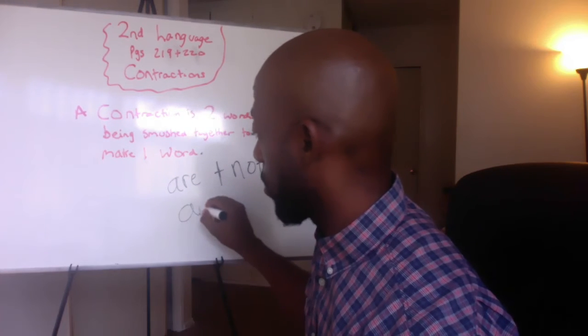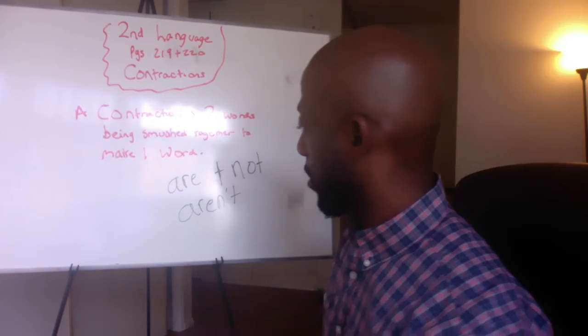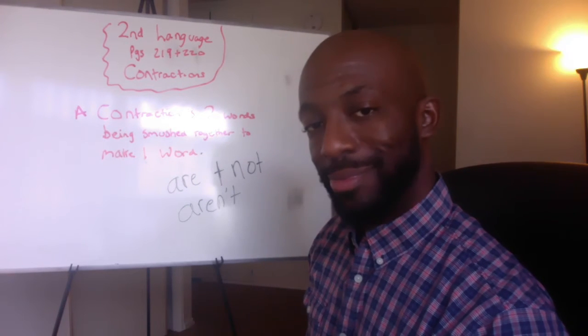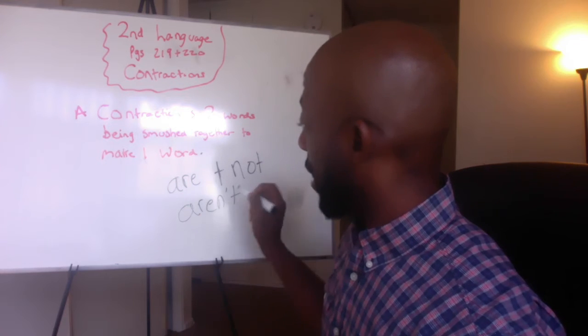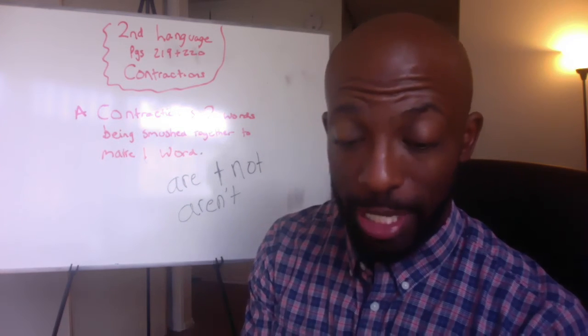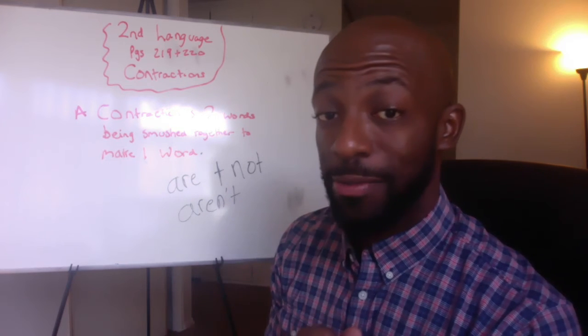So when you have the contraction, is that right? What do you guys think? I think it's better if you have it like that, aren't. But you can't put the contraction in the right place. They put R and then an apostrophe and then an NT, not the correct position for the apostrophe.